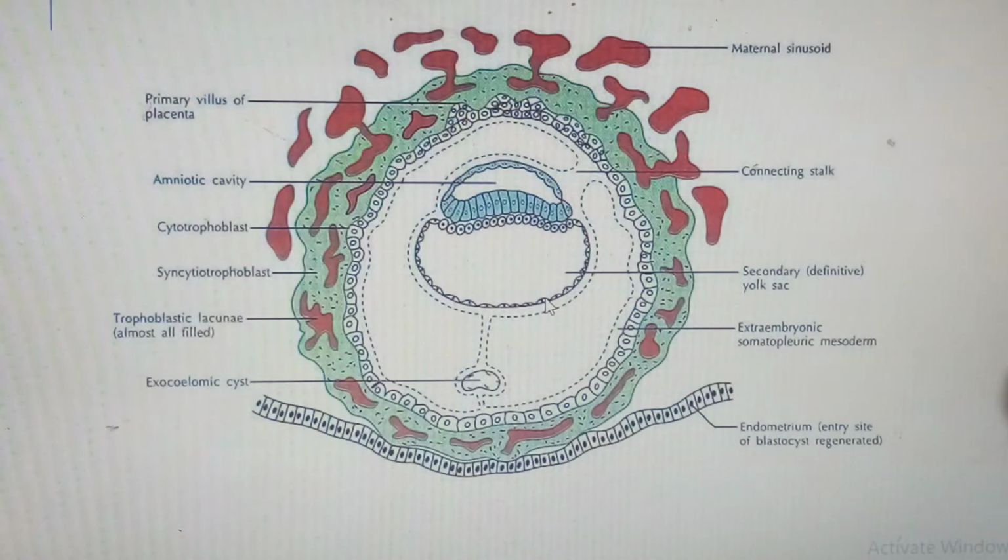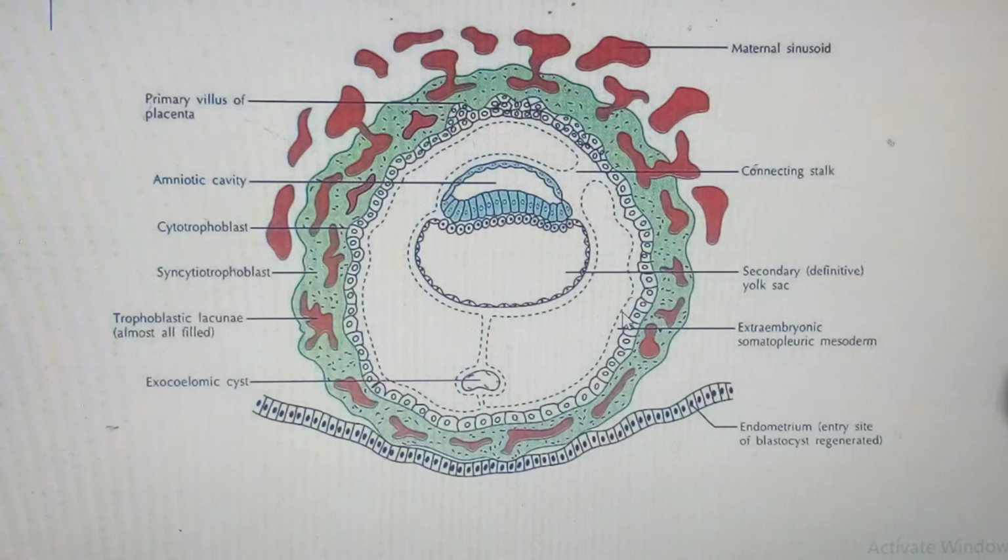That one is what we call the splanchnopleuric. Anything closer to the yolk sac will give rise to the viscera. So splanchno has to do with the viscera. So splanchnopleuric extra-embryonic mesoderm, and that portion which is away, closer to the body wall, is what we call the somatopleuric extra-embryonic mesoderm.